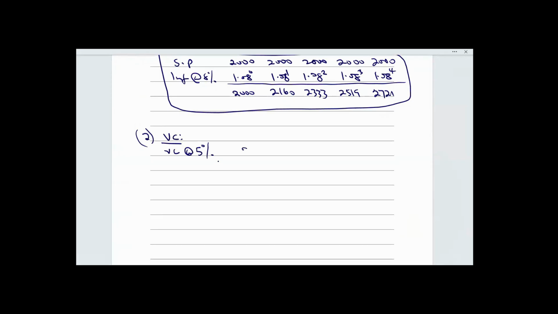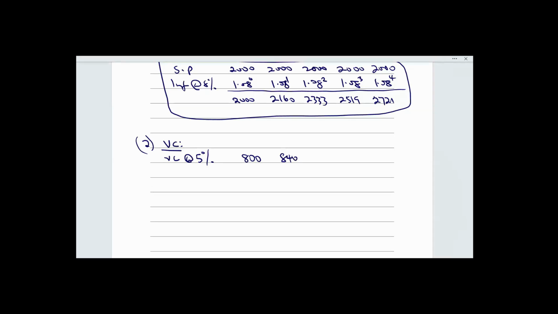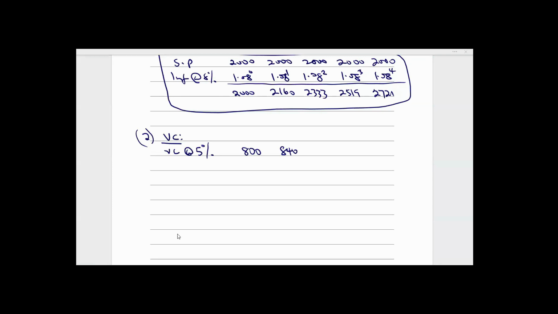Variable cost for the first year is 800. To get the variable cost for the second year, I would say 1.05 multiplied by 800 equal 840 for year 2. 840 multiplied by 1.05 equal 882.